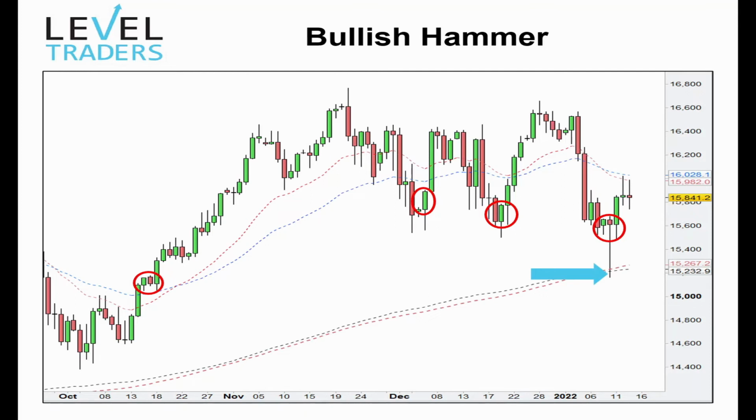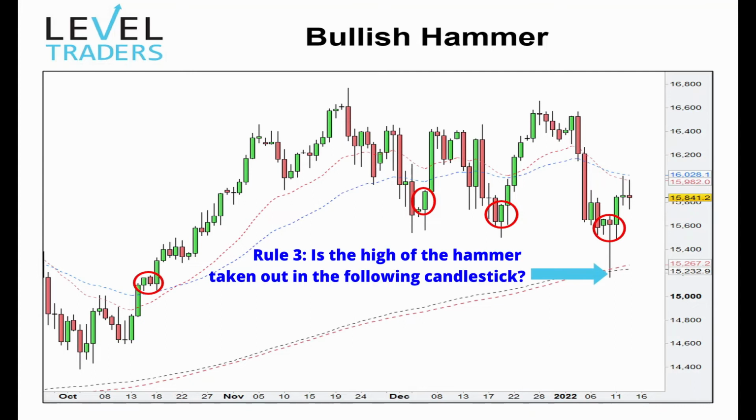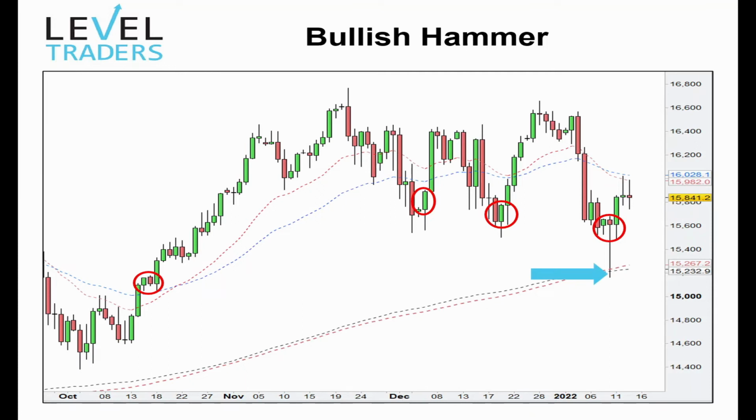In terms of managing risk, a stop loss at the low of the hammer is probably a good spot should the market suddenly reverse and go against you. And the final rule, is the high of the hammer taken out in the following candlestick? This is what I use for entry. Well, you can see the answer is yes again in all 4 examples, though in the first example, the breakthrough actually comes in the second candle after the hammer.